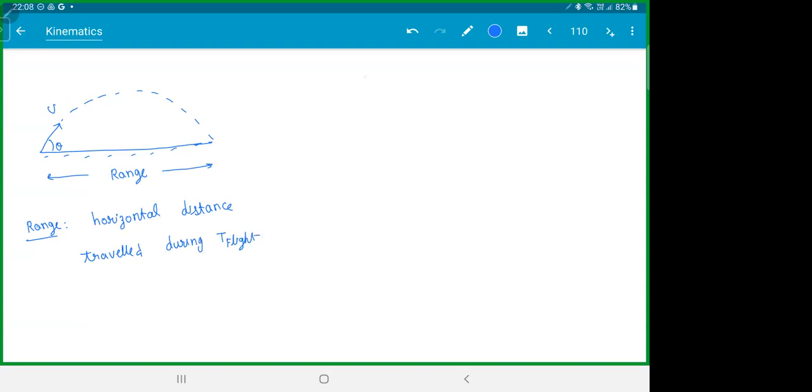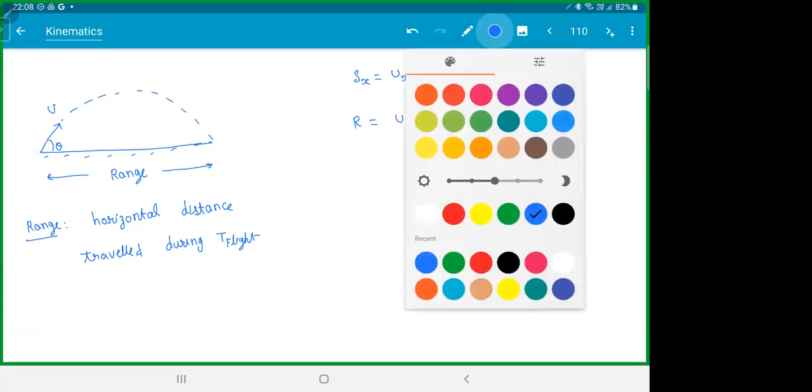So we can use this formula. Sx is equal to ux t plus half ax t square. The reason why I'm writing that ax is because it won't be 0 later on. This would be range, ux is u cos theta, and this would be time of flight, and this term would be 0.